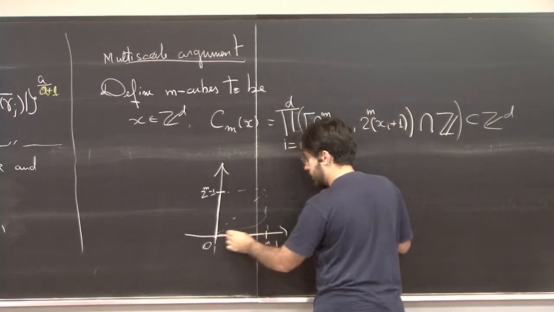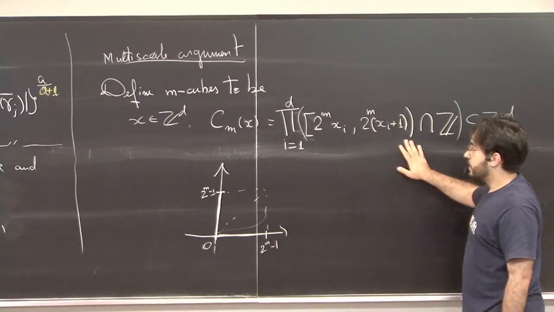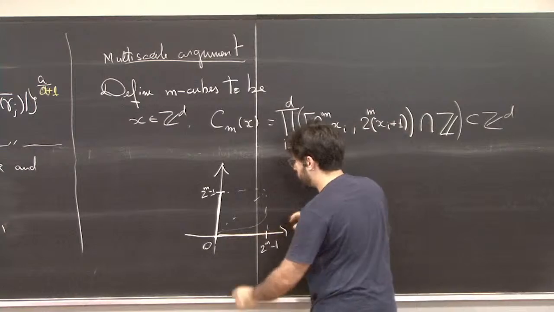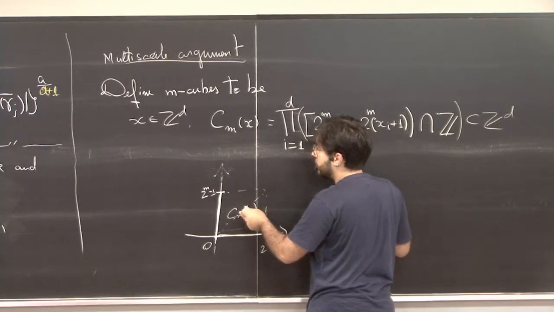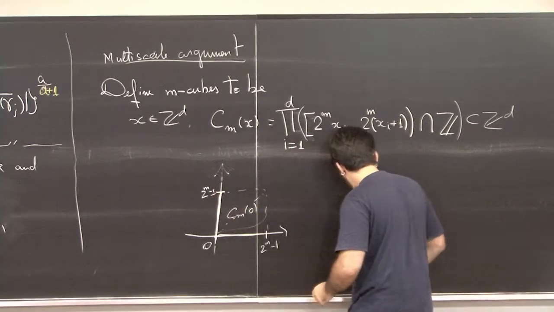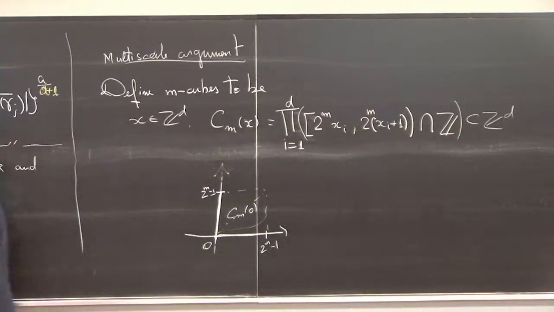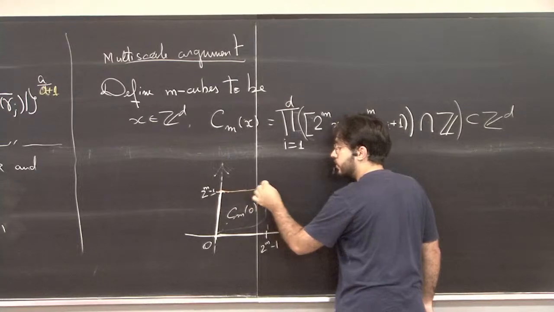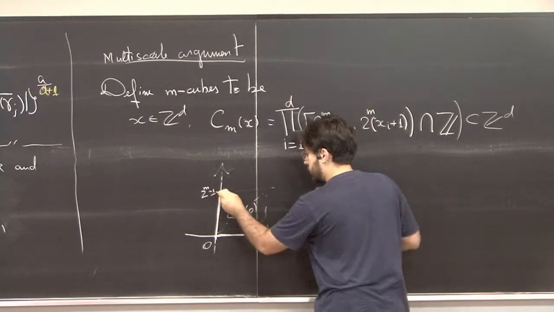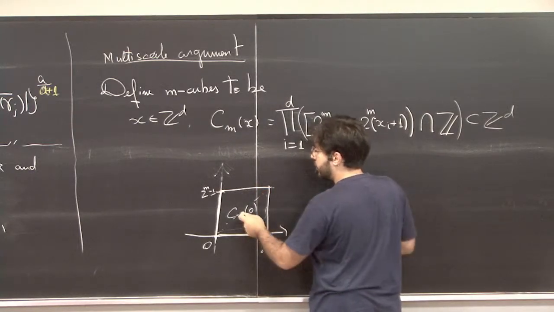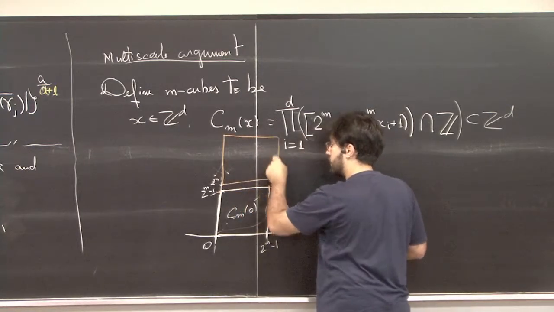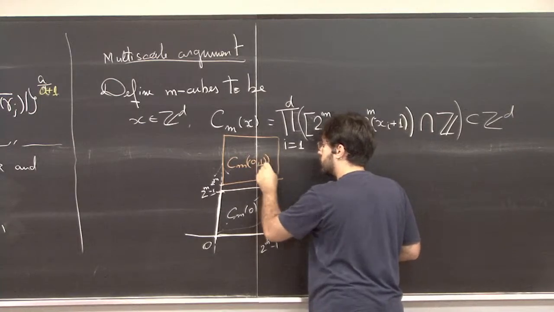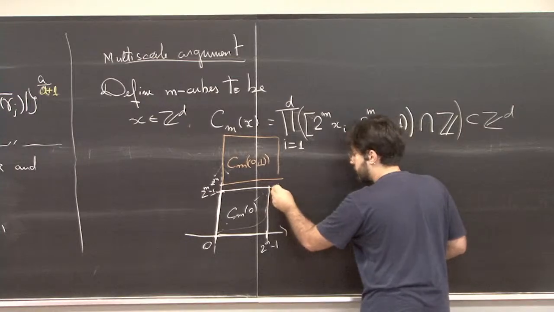The advantage is that if I take 0 and 1 instead, I will just move a little bit over to the next block and get another cube, C_m(0,1), and I can take something similar here.